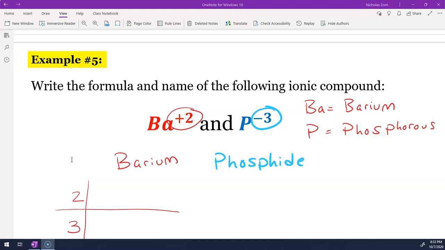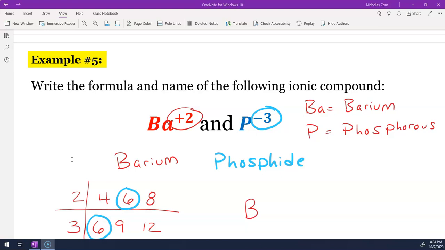We've got 2, 4, 6, 8. And then we have 3, 6, 9, 12. I want to find the lowest common multiple of each of these. It looks like 6 is the first number that both have in common. So 2 times 3 gives us 6, and 3 times 2 gives us 6.